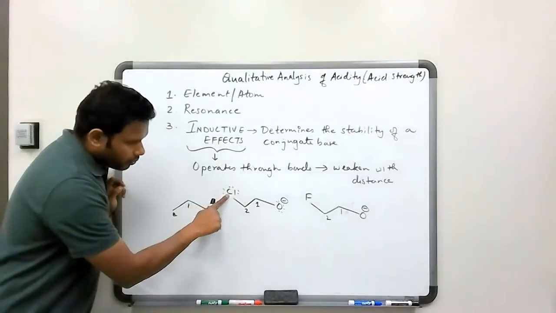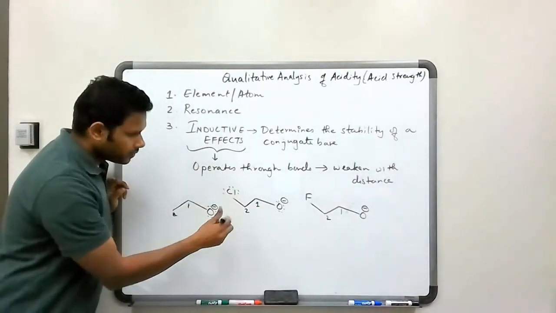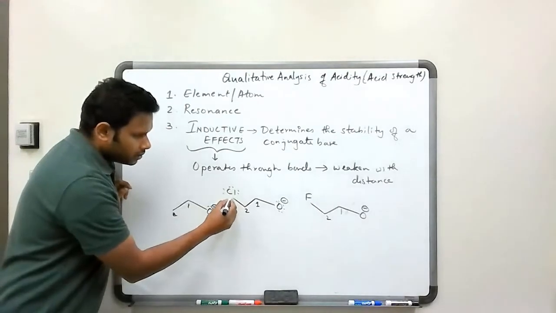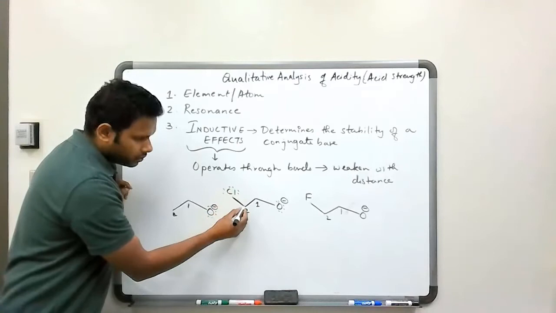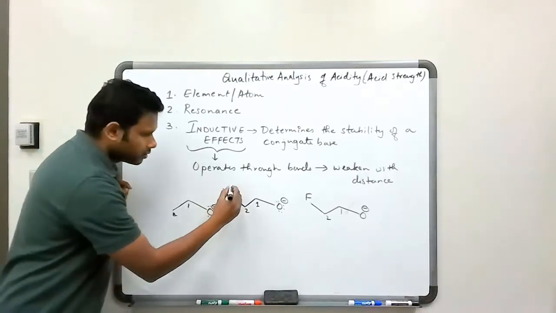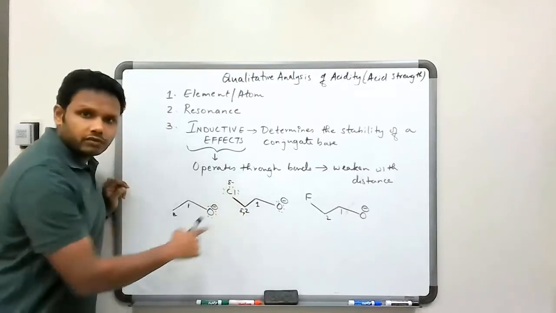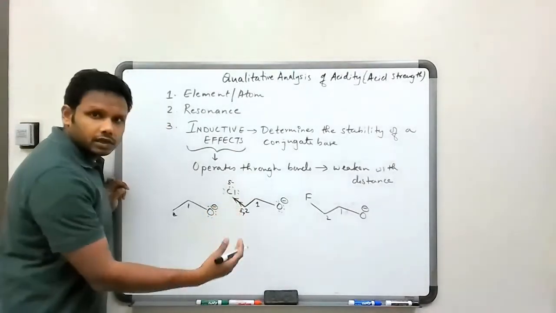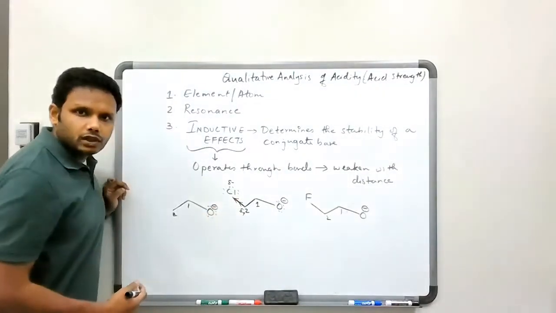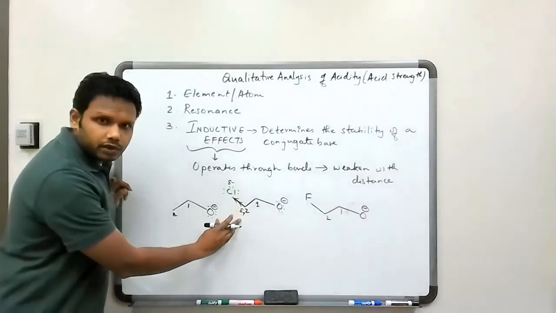So since the chlorine is connected to carbon 2 here, chlorine is going to withdraw electron density from this bond, or this bond is going to be polarized a little bit. So the chlorine is going to have a partial negative charge, and this carbon should have a partial positive charge, because the electron density is pulled towards the chlorine atom.